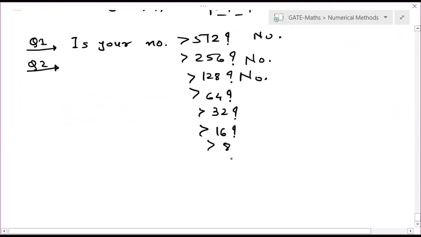We are just going to bisect at each and every step. 4, 2, and divide by 2 is 1. Right? If it is not greater than 2, if the answer is no, that means it is equal to 1 only. And here we should answer yes, because all the above questions were answered no.